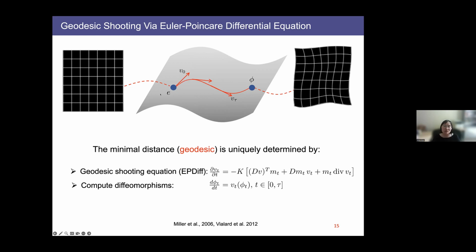The geodesic shooting equation tells you that, starting from the original point, the source object, if you solve this partial differential equation for the time-dependent tangent vector, the velocity field along time, then you can always find the shortest path, which is the shortest distance metric between the two objects. Once you figure out what the velocity is, you project it back to the transformation fields. That's what we call the entire LDDMM plus geodesic shooting.